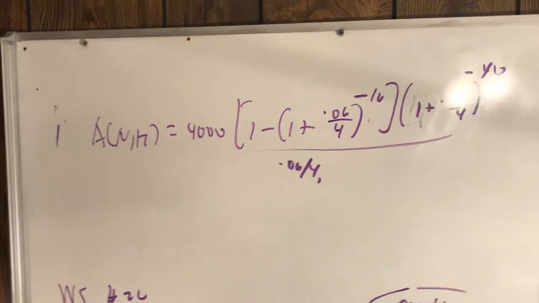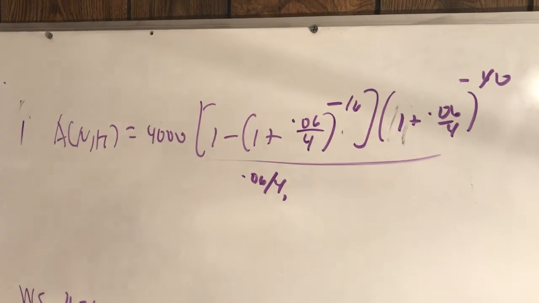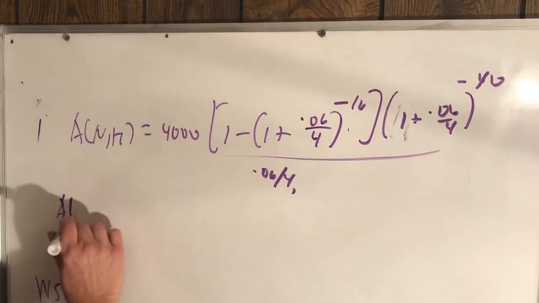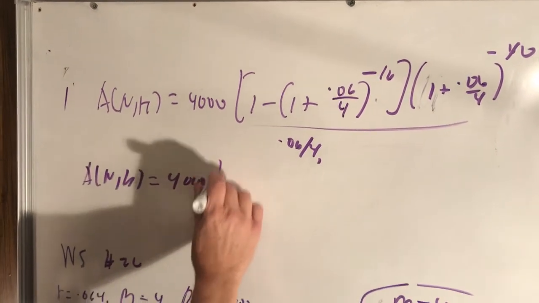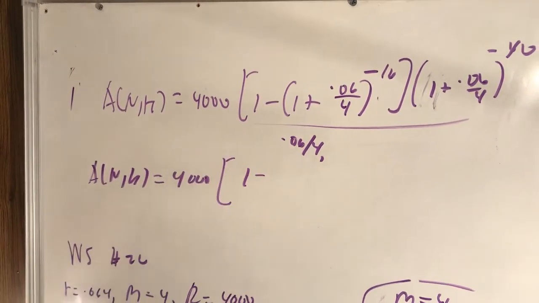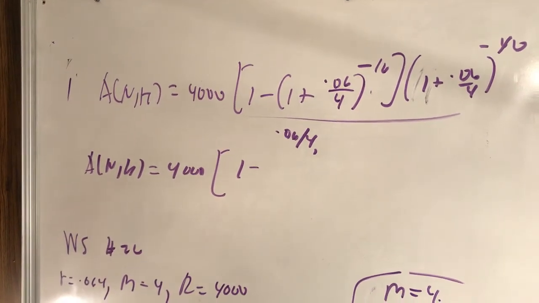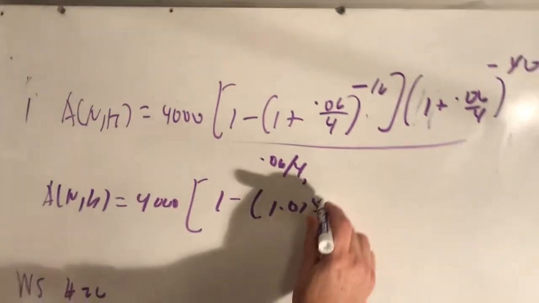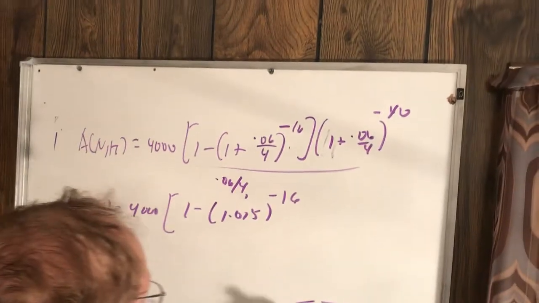Well, I should bother doing it. I guess I can do one more step and then give you the answer. 1 minus... 0.064 over 4 is 0.016. I gotta stand up for this.